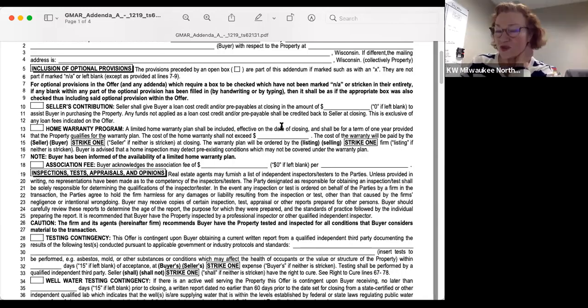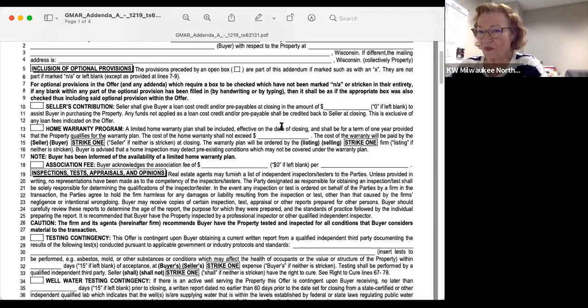And now here's the first option that a buyer can choose, attaching this Addendum A to their offer to purchase. If the buyer wants the seller to pay closing cost credits, this is the spot where he puts an X and then the amount of the closing cost credit. It's a good idea to always check with the lender on what is allowed for a closing cost credit for your buyer.